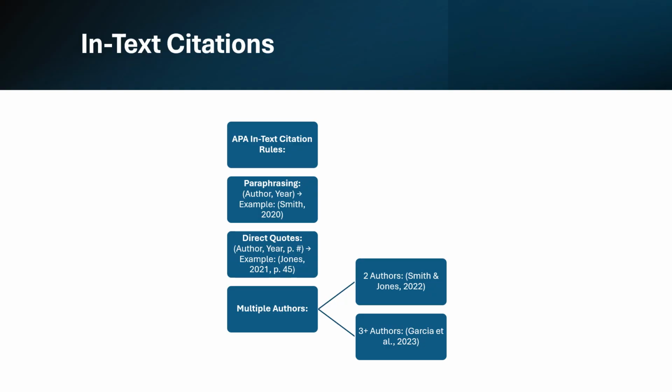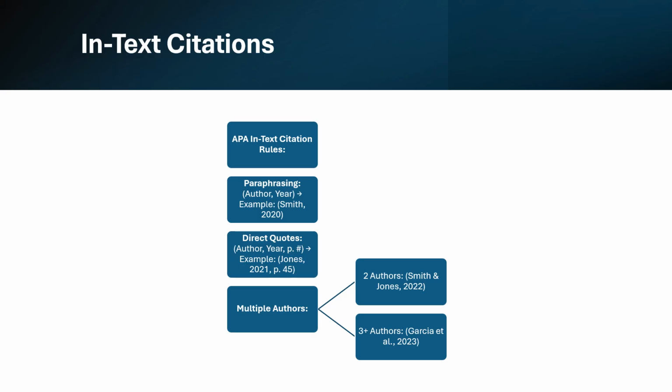So in-text citations are used to give credit to sources within your paper. So when paraphrasing, you want to simply include the author's last name and year of publication. Okay, so Smith, comma, 2020. If you're using a direct quote, also include the page number. So Jones, comma, 2020, page 45.